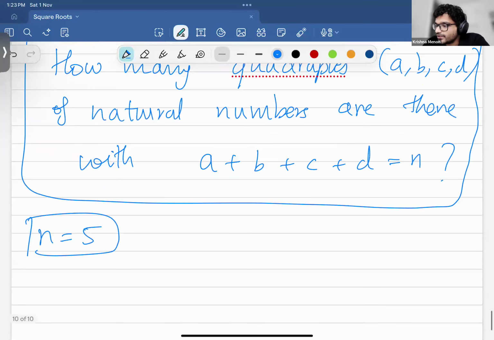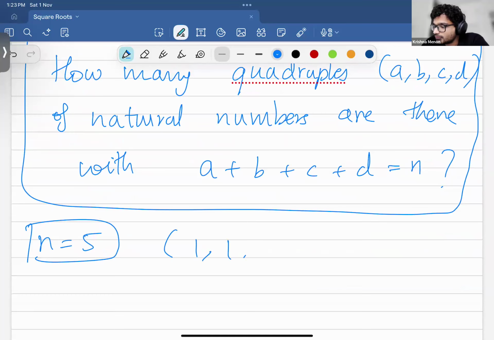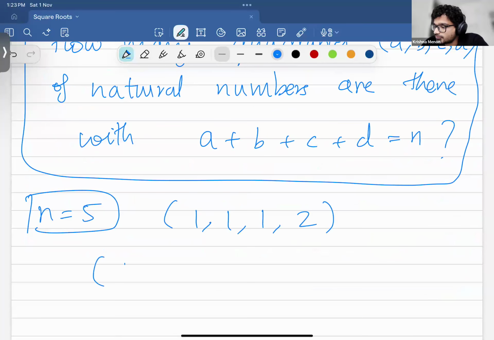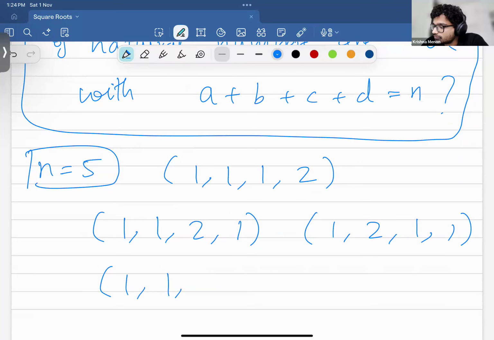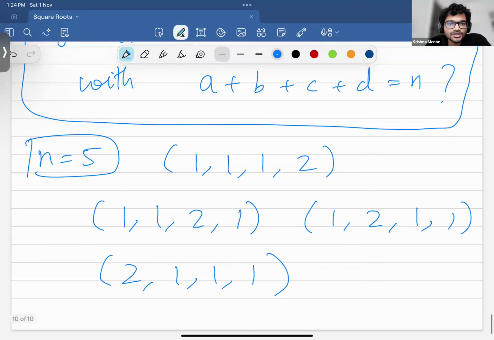So for n equal to 5, maybe you would have things like 1, 1, 1, 2, or 1, 1, 2, 1, or 1, 2, 1, 1, or maybe 2, 1, 1, 1. Okay. So this sort of thing. How many quadruples of numbers are there whose sum is equal to n?